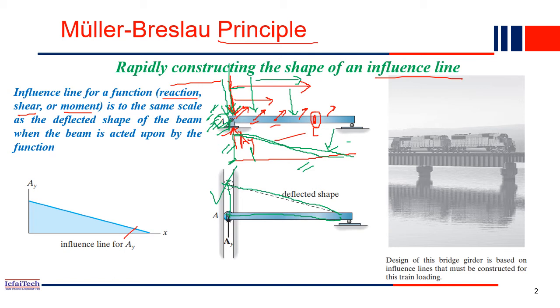What we did was just release the degrees of freedom, the constraint in this direction, and then apply the reaction that you have to find. We applied the force at this point, and the deflected shape of this beam basically gives you the influence line for the vertical reaction at A.